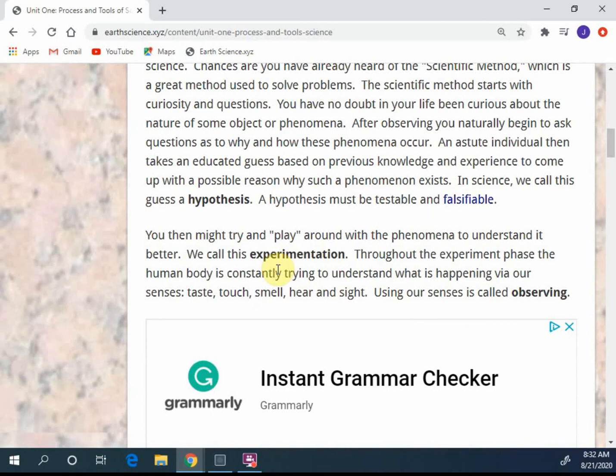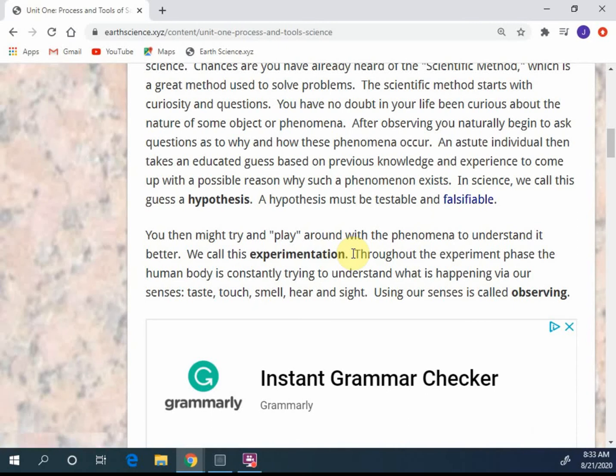After this, you naturally would like to play around with this idea or hypothesis to better understand it. Therefore, we call this experimentation. This is the third piece that you'll need to have for scientific method. Experimentation allows you to explore and test your hypothesis to determine whether or not it is true or can be proven wrong.